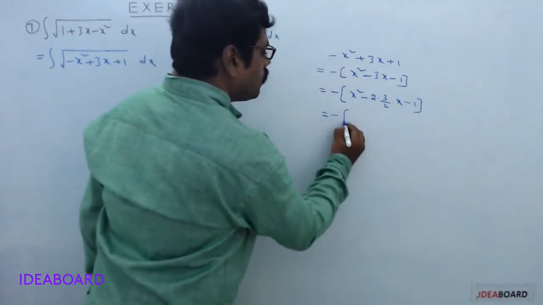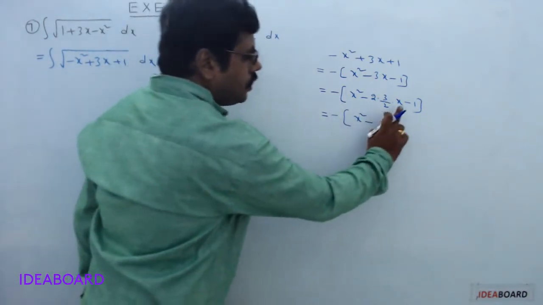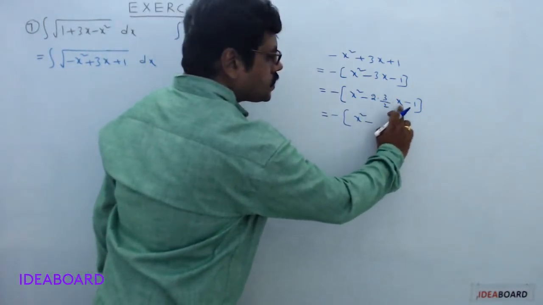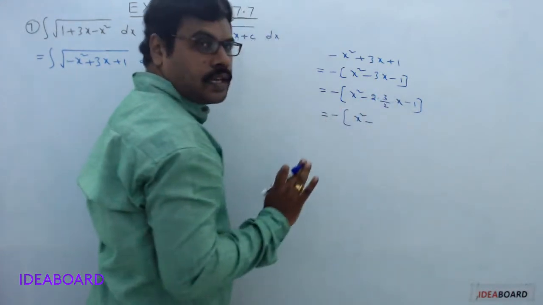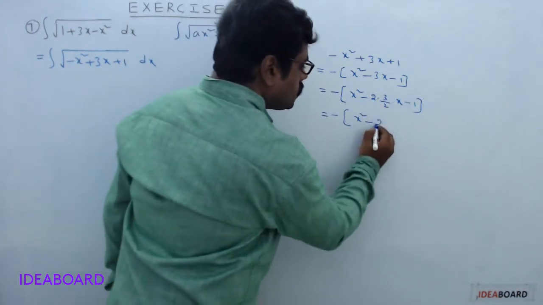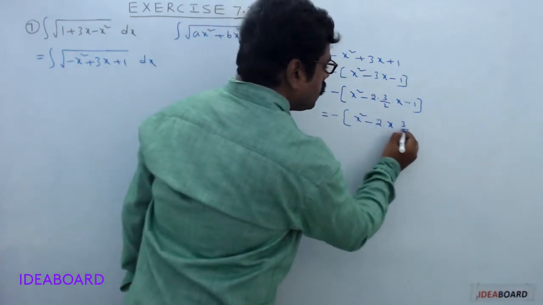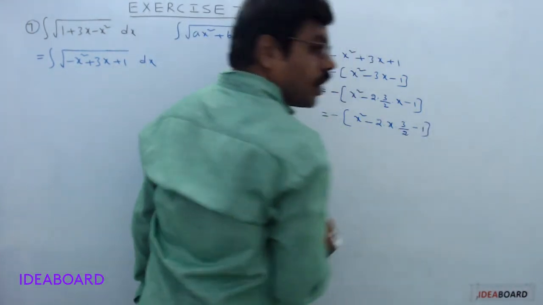Now this is minus of x square minus, here if you interchange this x and 3 by 2, then the value of this term does not change. So interchange these two terms. This is 2 into x into 3 divided by 2 minus 1.